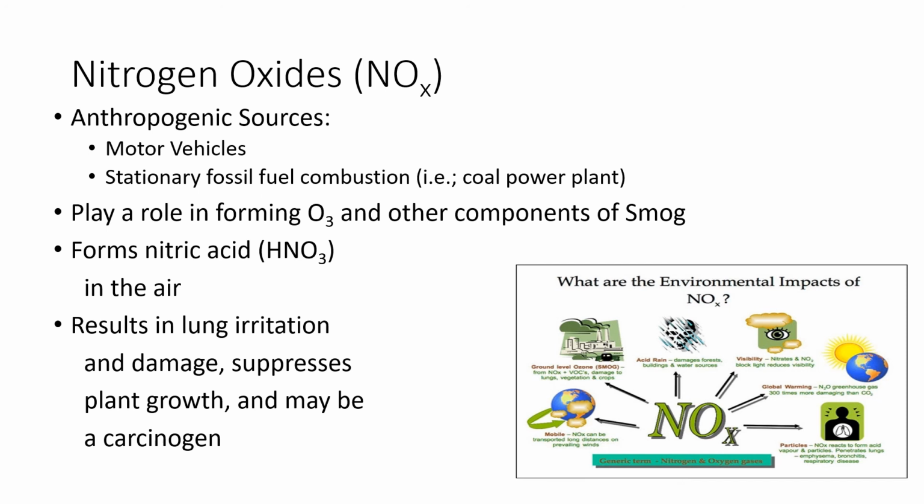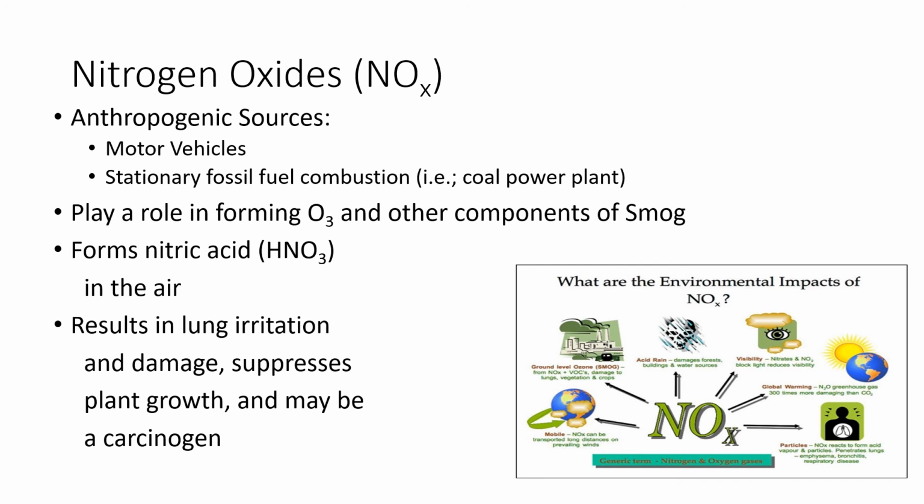And nitrogen oxides are really important. You guys are going to see this when we get into smog in just a minute. Nitrogen oxides play a massive role in forming ground level, tropospheric ozone. So that leads to the formation of photochemical smog. Like I said, we're going to go over that in detail.